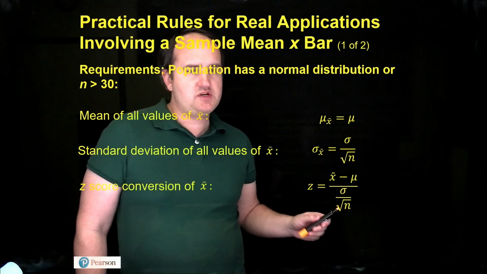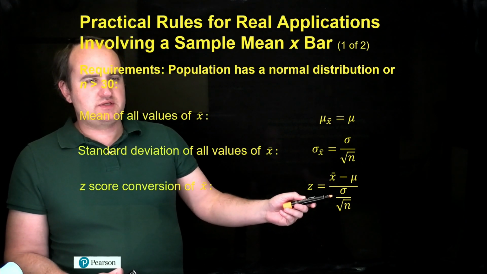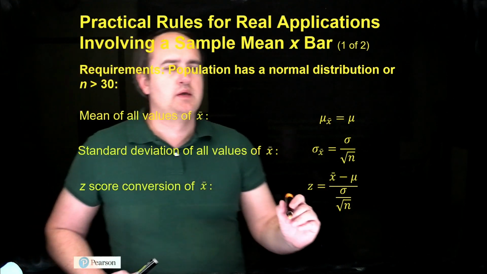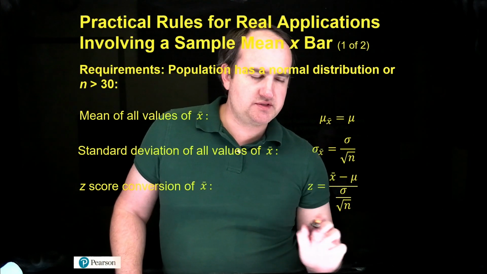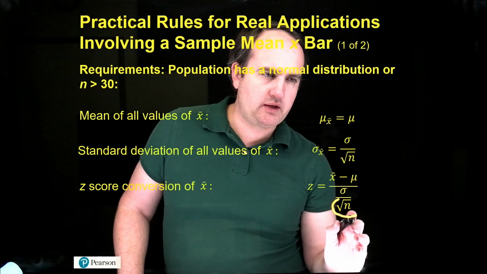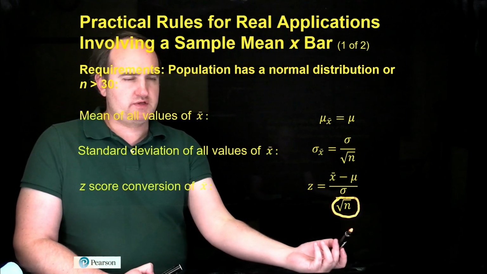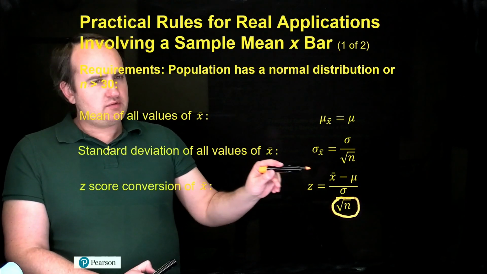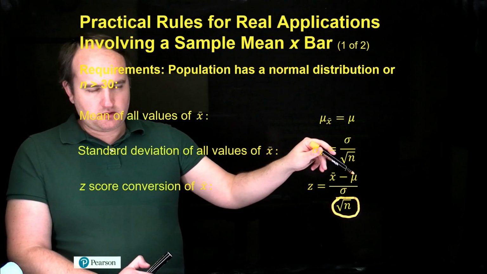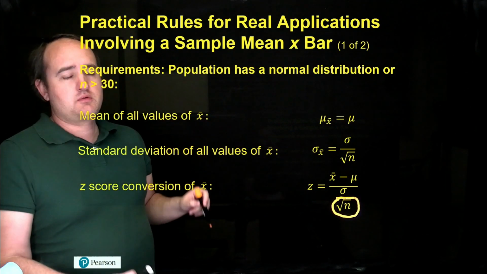Here, the standard deviation for x bar is actually going to be sigma over the square root of n. So really, if you look at this z-score formula, it's just the same z-score formula that we've always been using, with the exception of this square root of n. Everything else is identical to the z-score formula we were using before.